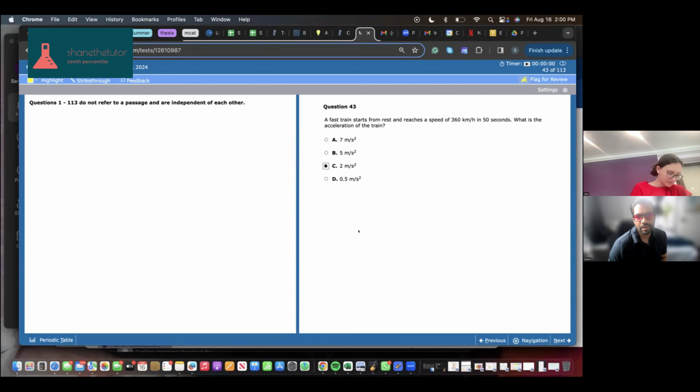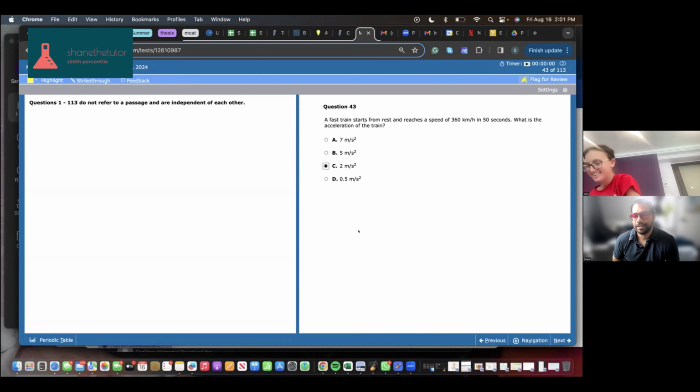Oh, I remember doing this. I had to convert from kilos and hours to seconds. And then acceleration equals V over T, right? I have it written down. A equals V over T. Velocity. So it'll be change in velocity, delta V over T.